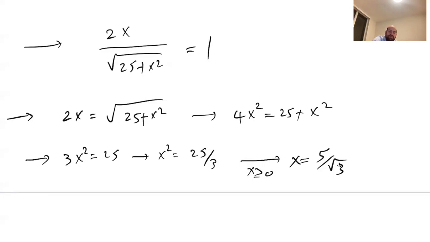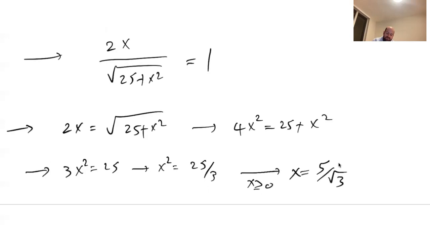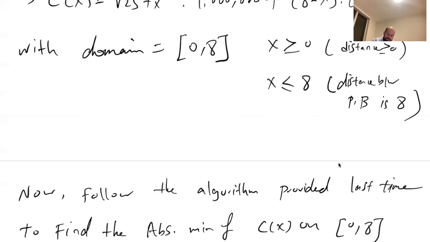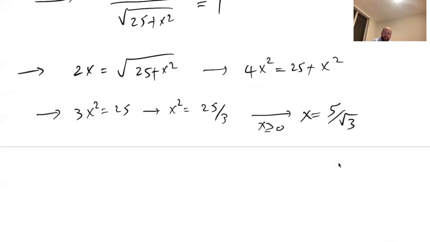We are only interested in points which are in the domain. Now the domain here was 0 to 8. And this number 5 over root 3 is inside the domain. So we have one critical point here.